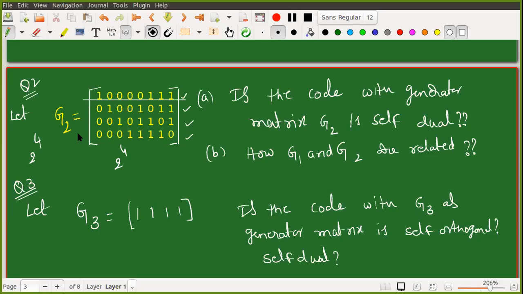But is the code orthogonal? If it is orthogonal, then I am done. Is it orthogonal to itself? First, the row vectors are orthogonal to themselves. But if I take any code word C, why is it orthogonal to itself? That I have to answer.